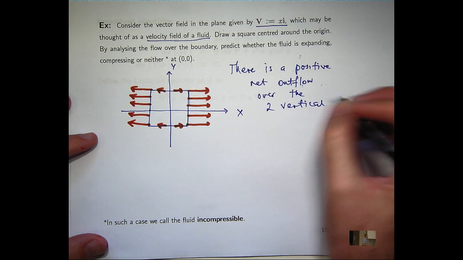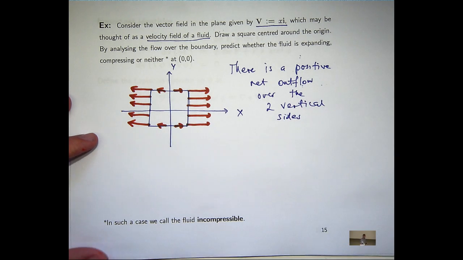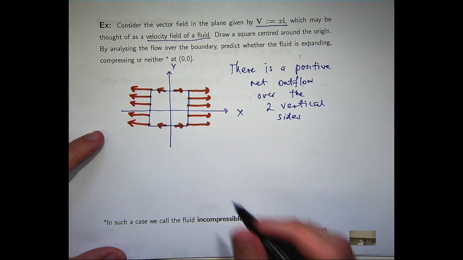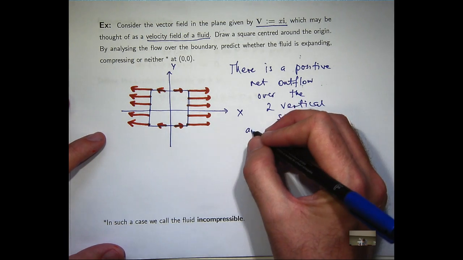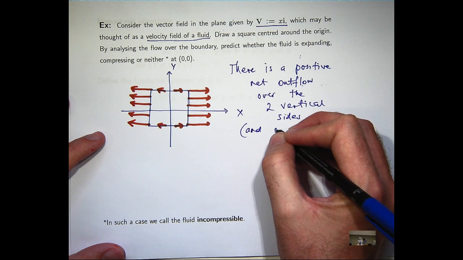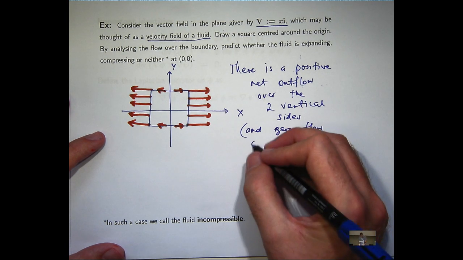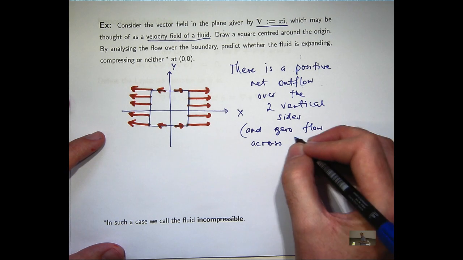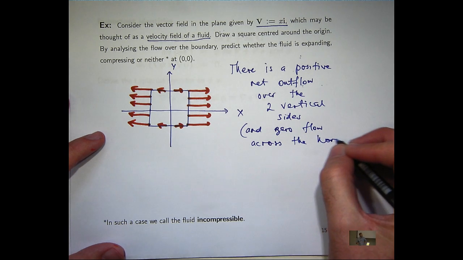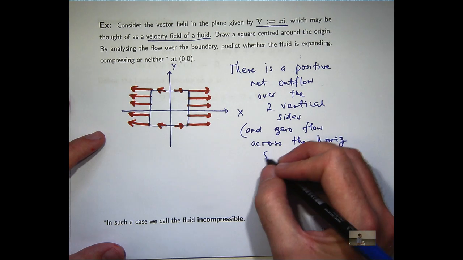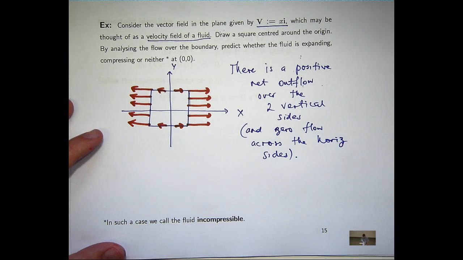So over the two vertical sides there's positive outflow, and zero flow across the horizontal sides. Okay, so what do we conclude?